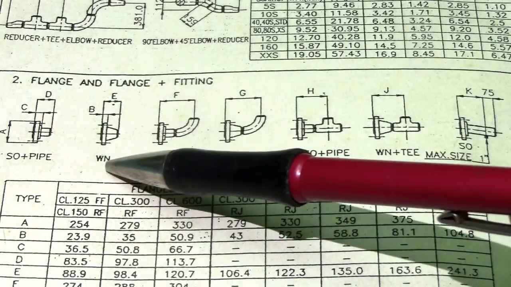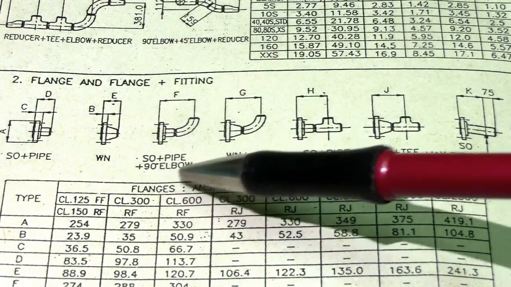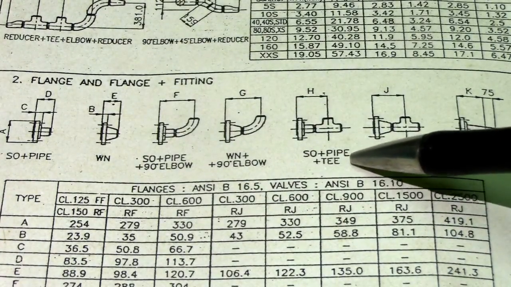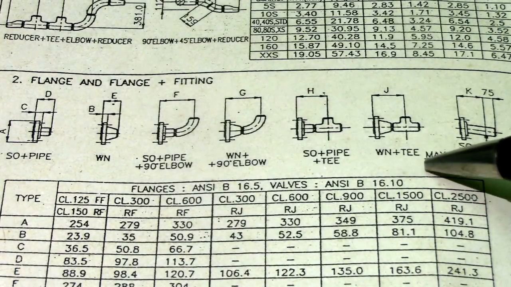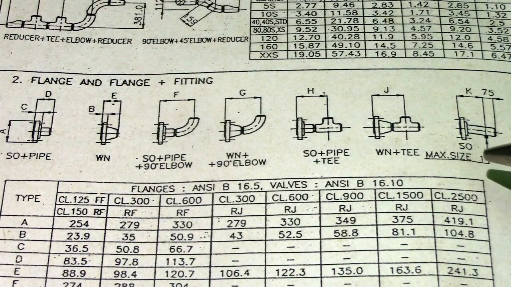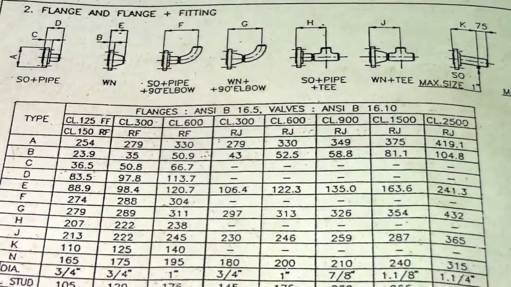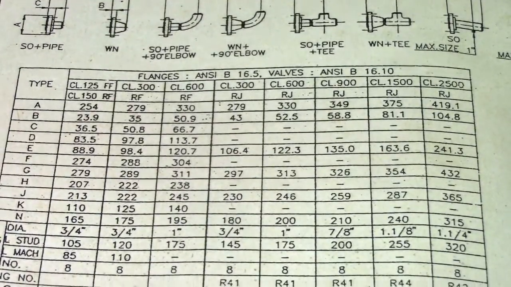So weld neck flange, slip on flange, pipe plus 90 degrees elbow, weld neck flange plus 90 degrees elbow, slip on flange plus pipe plus T, weld neck flange plus T, and weld neck plus maximum size of pipe in 1 inch. So this is the table of all these flange and fittings dimensions.